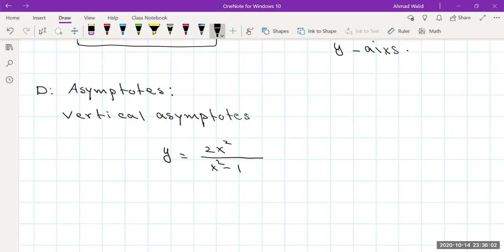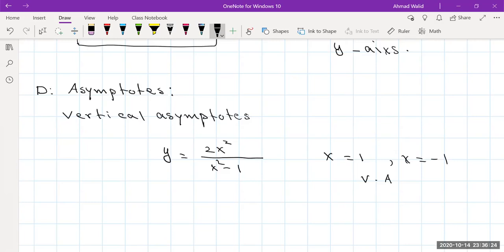You already found that x equal 1 and x equal negative 1 are vertical asymptotes. I totally agree with other professors that yes, you already found it in step 1, but actually what does it mean? Why do we deal with limits in this part?